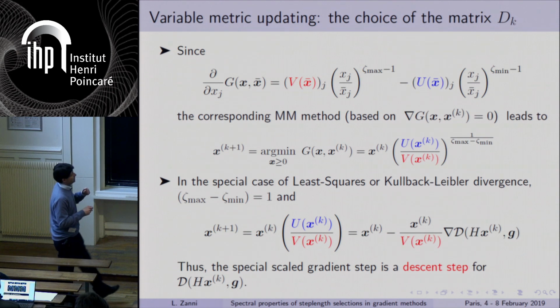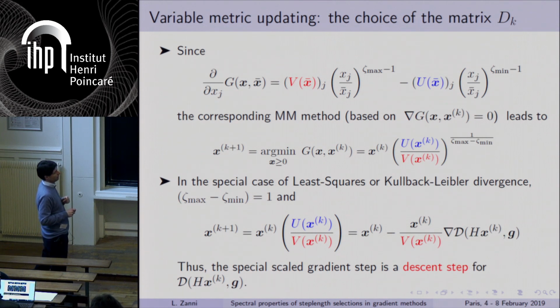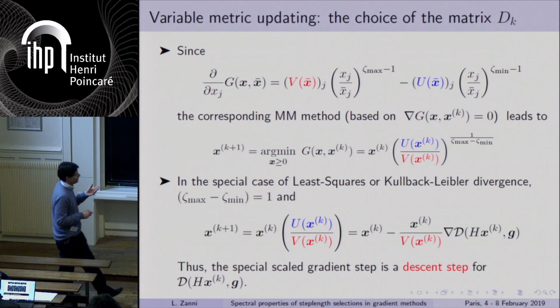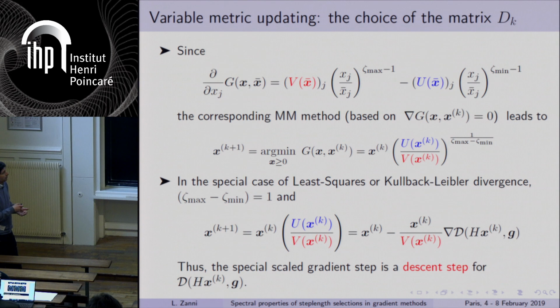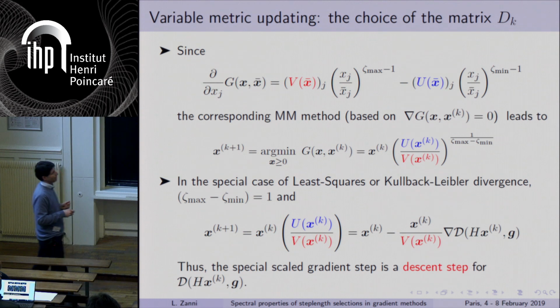When I write this multiplicative algorithm in the special case of the least square divergence or Kullback-Leibler divergence, I find a multiplicative algorithm that is exactly the scaled gradient step previously described. And then, also in this case, I can interpret this scaling as a possibility to mimic a step of a majorization minimization method, that is a descent step for my objective function. This is another interpretation of this kind of scaling.